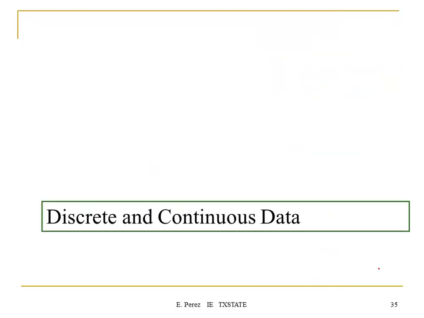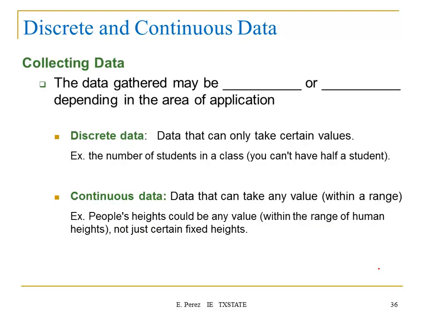So before we get into the details of how to construct these diagrams, I need you to understand the difference between discrete and continuous data. The data gathered may be either discrete or continuous, depending on the area of application. So discrete data is data that can only take certain values. For example, the number of students in this class.